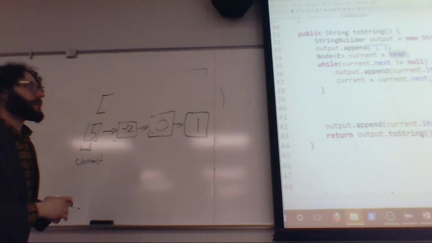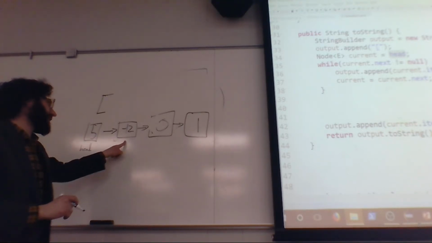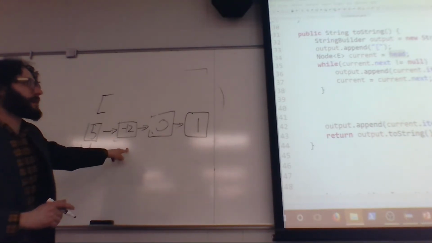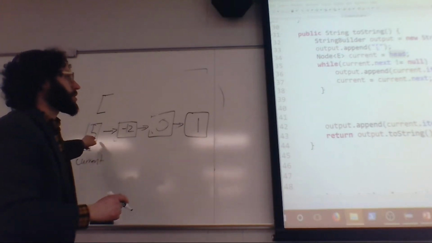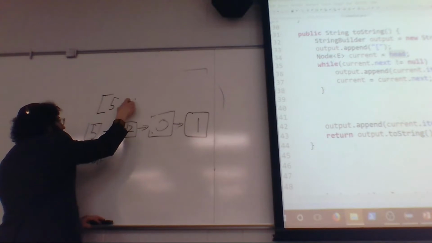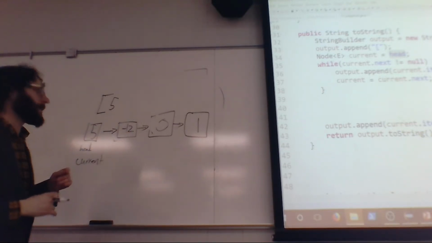Okay. So while current.next is not equal to null, current.next's item is right now negative 12, so it's not equal to null, we are going to append current.item and a space. So we're going to add 5, and then we're going to add in a space. I can't really write a space. Can't write nothing.